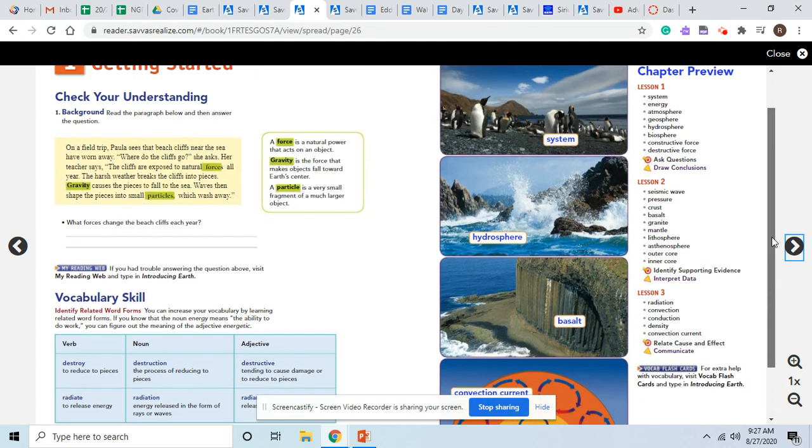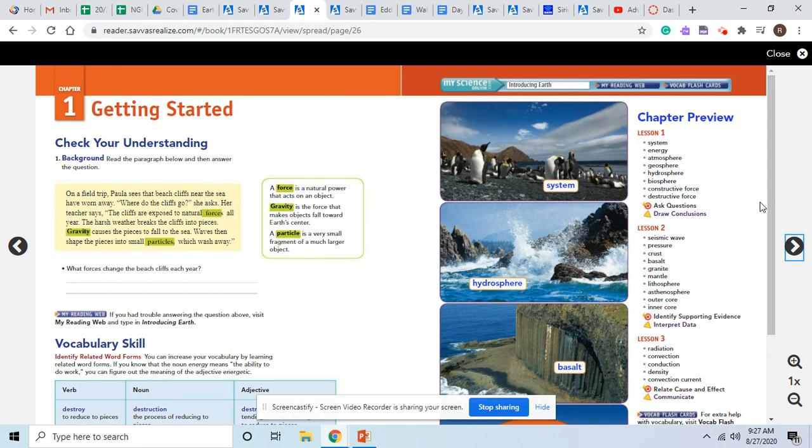If you've not gone back to your vocabulary, how to set up your notebook, you should pause this video and go back to see how to set it up. There's a couple of ways where you're going to find the words. The preview is the words that we will have.